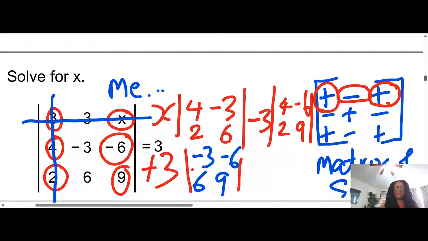Remember that the value of this determinant is given to me as equal to 3. So I have found all the things I need to evaluate this 3 by 3 matrix. So I'm going to bring down.